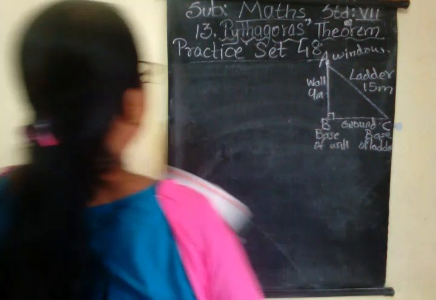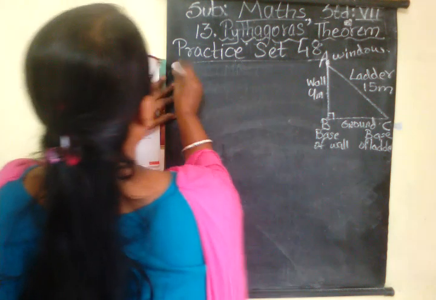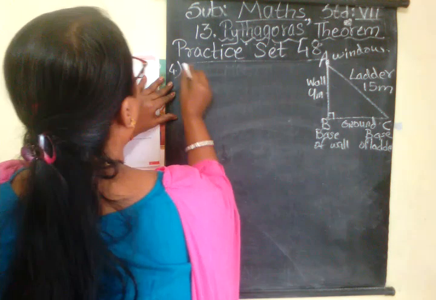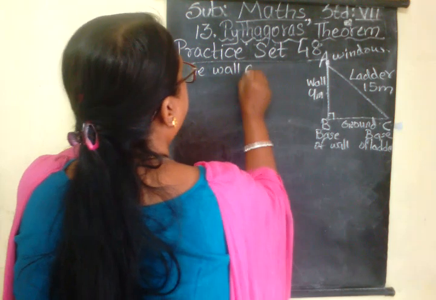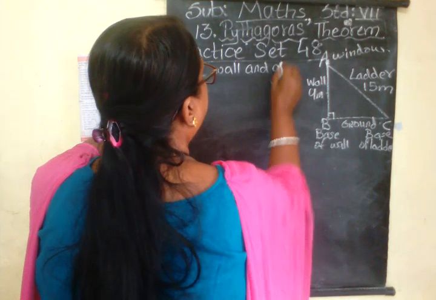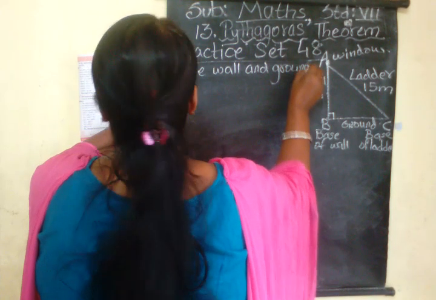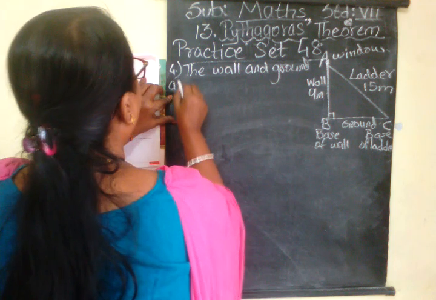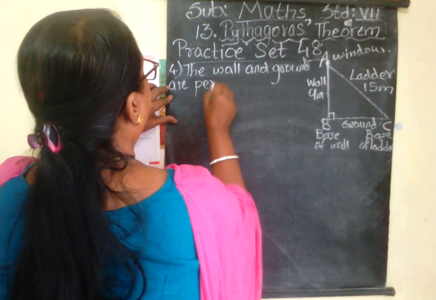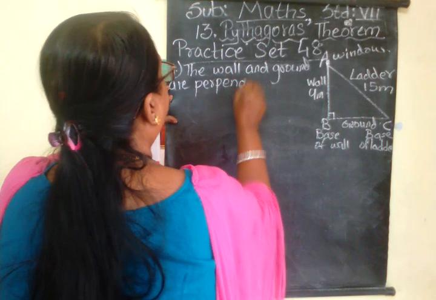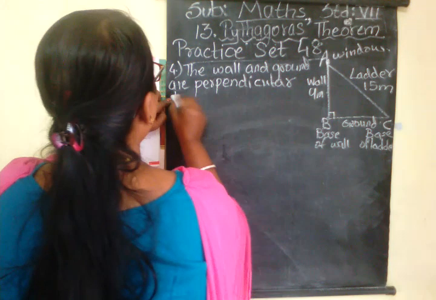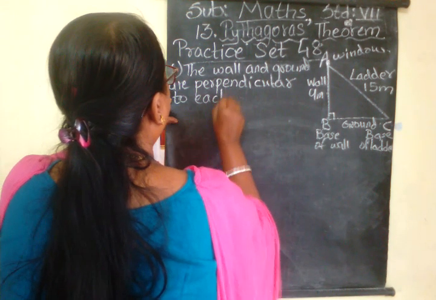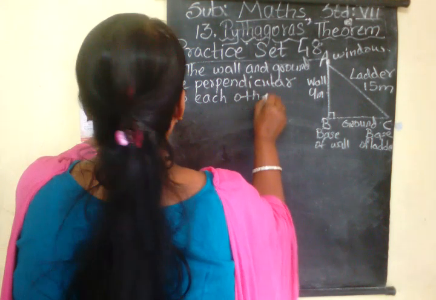So first we will write down the things which are given in the question, children. Fourth sum, you can write along with me. The wall and ground are perpendicular to each other.